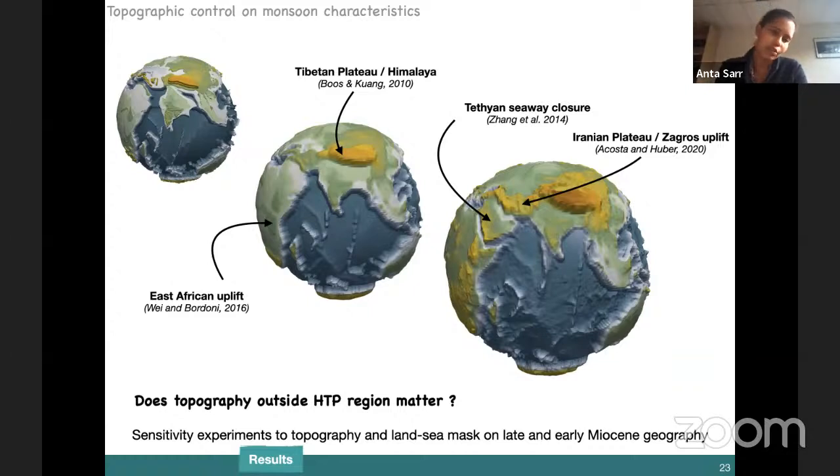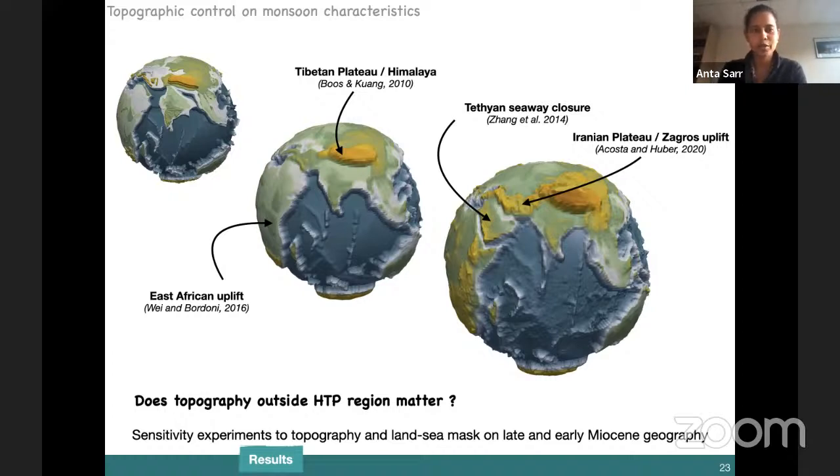And I also looked at East African topography states, mostly because we know it has an impact on the monsoon winds circulation from the study of Wei and Bordoni 2016, for example, and also because this one is widely uncertain given few quantitative information exists on the paleo elevation. But we know that rift activity happened during the Miocene, and this should have somehow impacted the topography there.